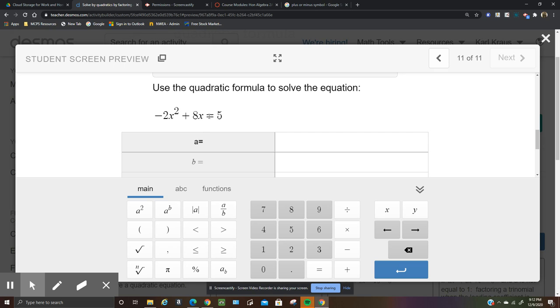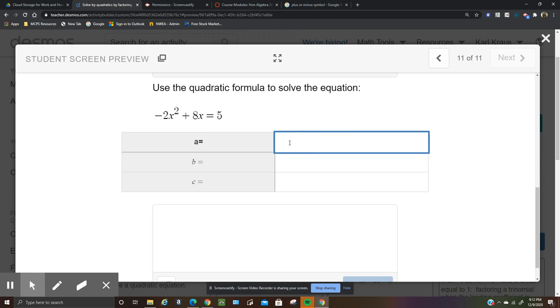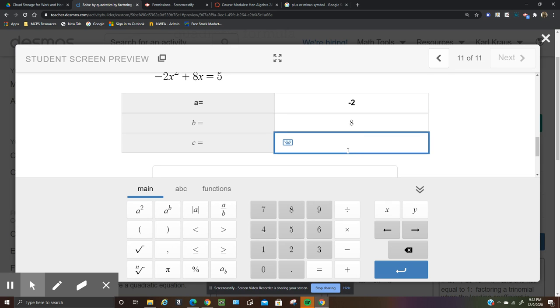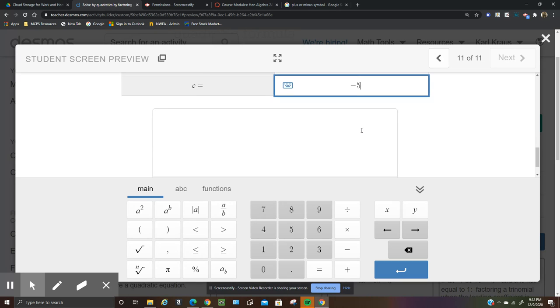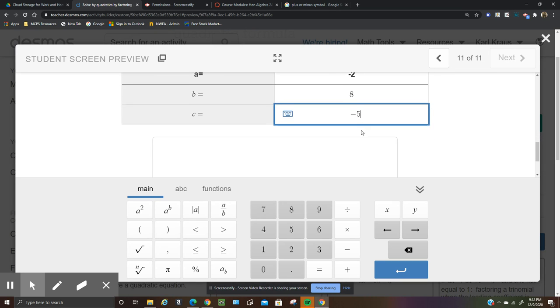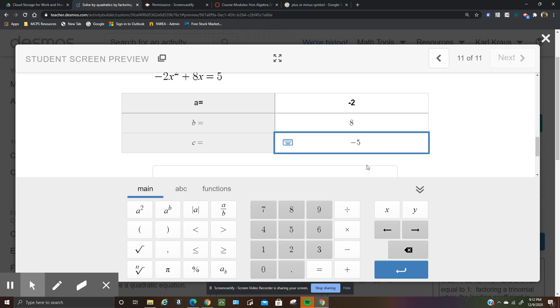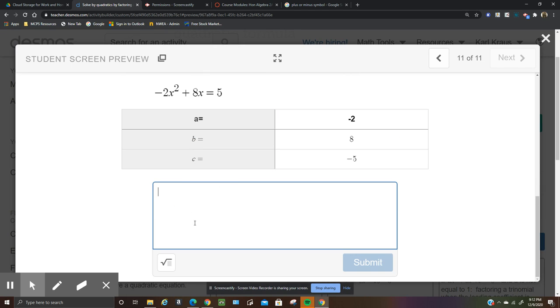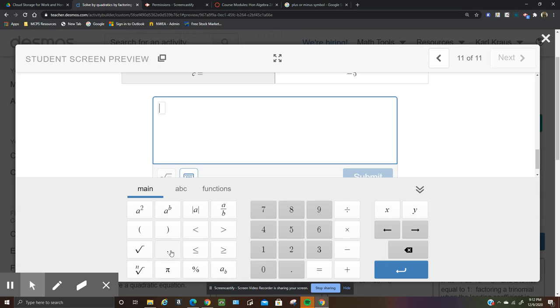And this last one here, you're going to subtract 5 from both sides. So a is negative 2, b is 8, and c is negative 5. So plug it into the quadratic.